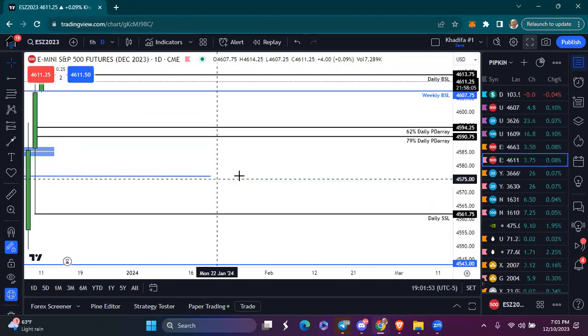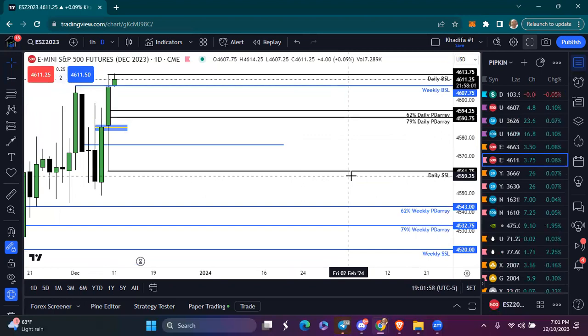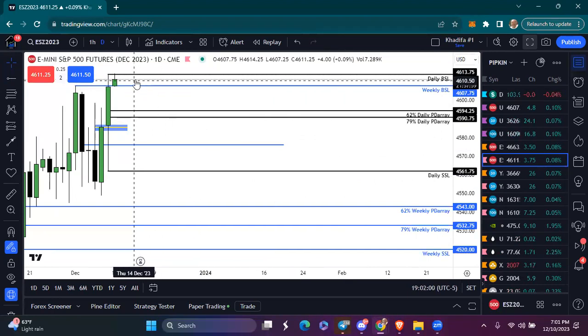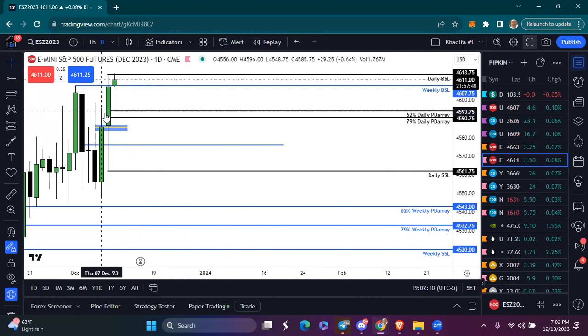Moving on to futures. I'm bullish futures this week. I am anticipating price to pull back down into Friday's discount array levels. These levels here, right? That is the discount PD array levels for Friday's price range.